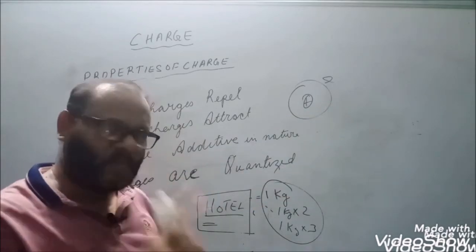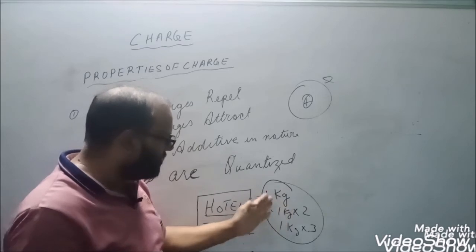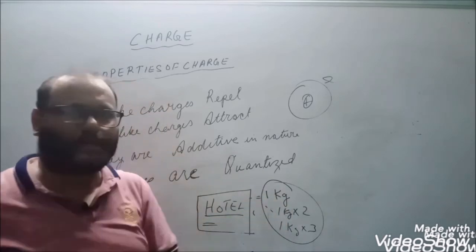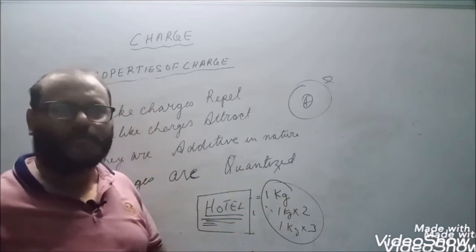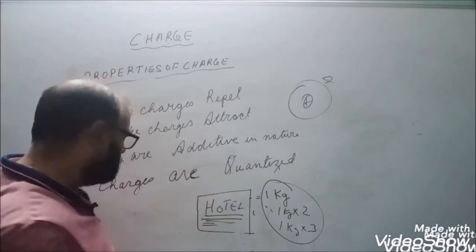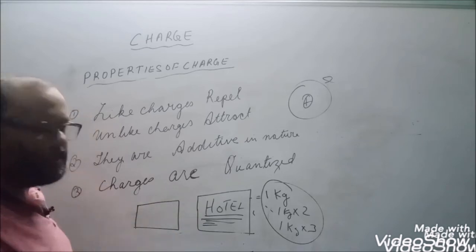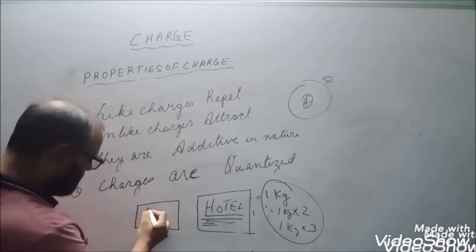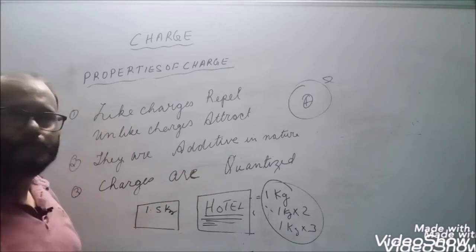1e. Now you may think this is an integer, 1, 2, 3, 4. No, it is not like an integer. For example, this hotel was doing very good business with 1 kg fixed and everybody was bound to buy 1 kg. Another person nearby opens a hotel and says, no, I will not take 1 kg as fixed, I will take 1.5 kg as fixed.